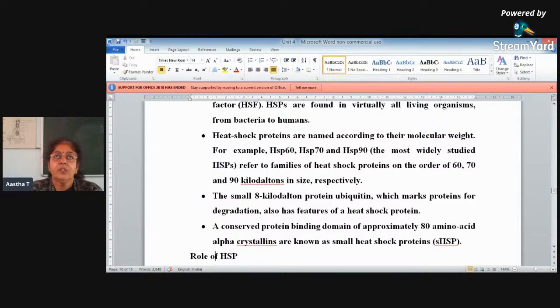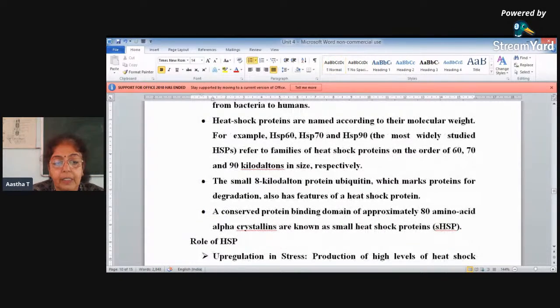So they are very very small chains, polypeptide chains, फक्त 80 amino acids चे small chains असतात आणि they are present in alpha स्ट्रक्चर, म्हणजे अल्फा चेन बीटा चेन आपण जी म्हणतो, तर त्या अल्फा चेन फॉर्म मध्ये ते प्रेझेंट असतात, अँड दोज आर नोन ॲज स्मॉल हीट शॉक प्रोटीन्स.